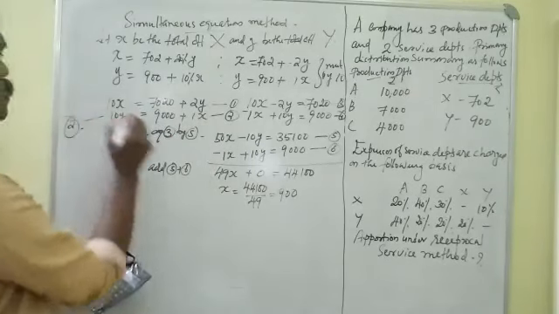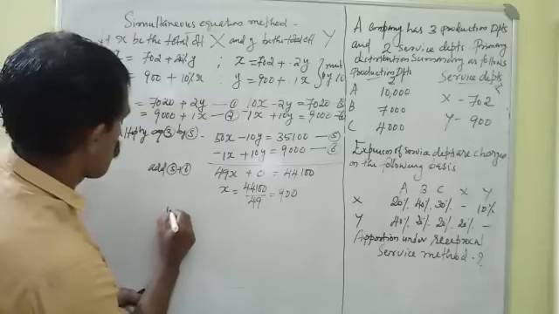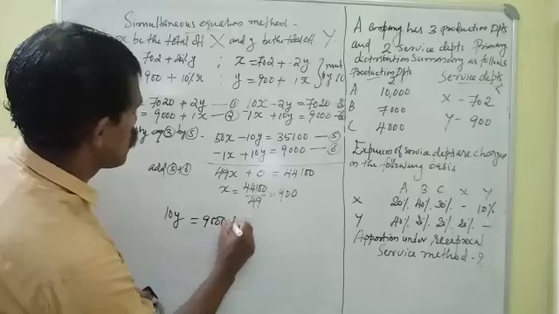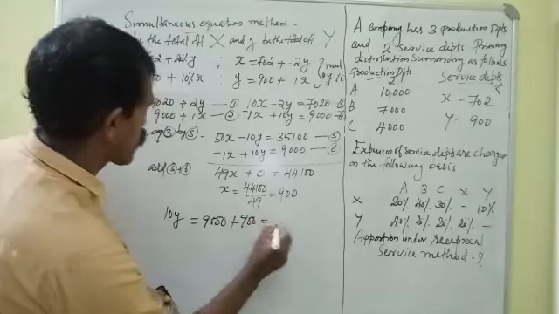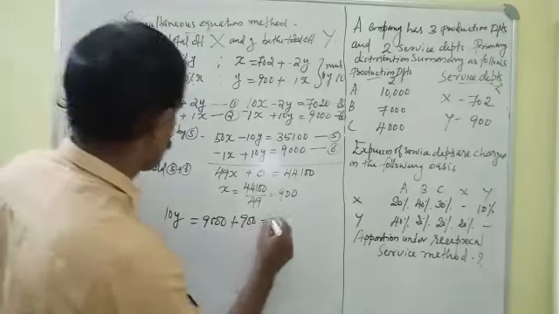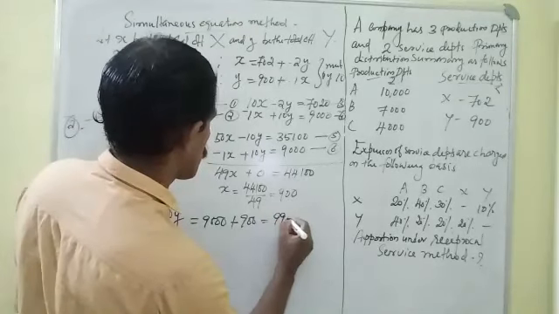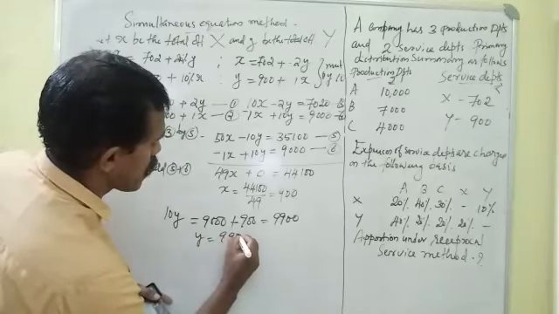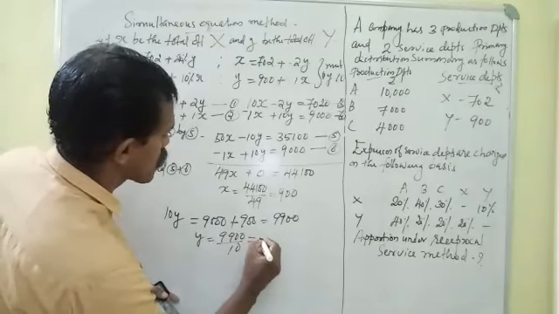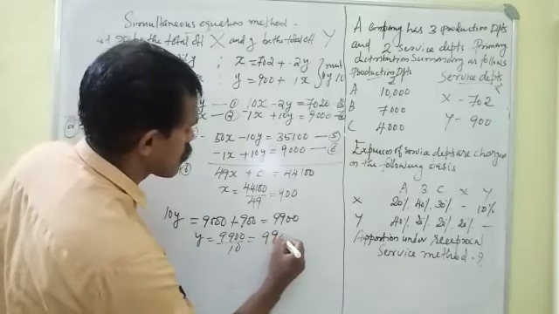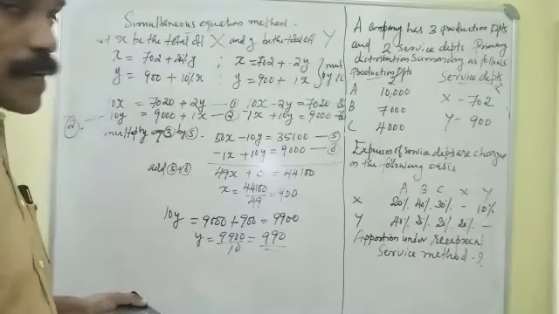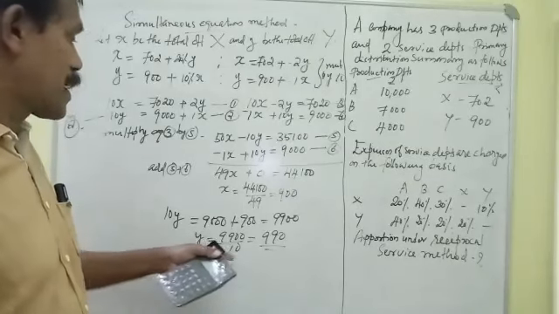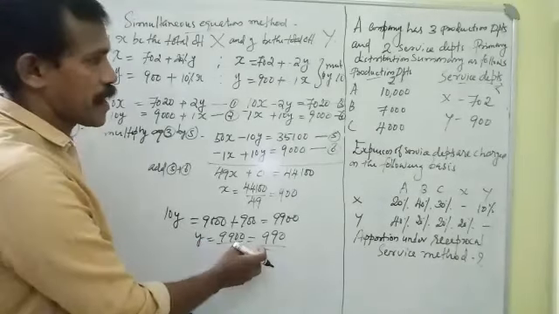Equation number 2, then 10y is equal to 9000 plus 900, that is equal to 9900. So y is equal to 9900 divided by 10, that is equal to 990. Y is equal to 990.